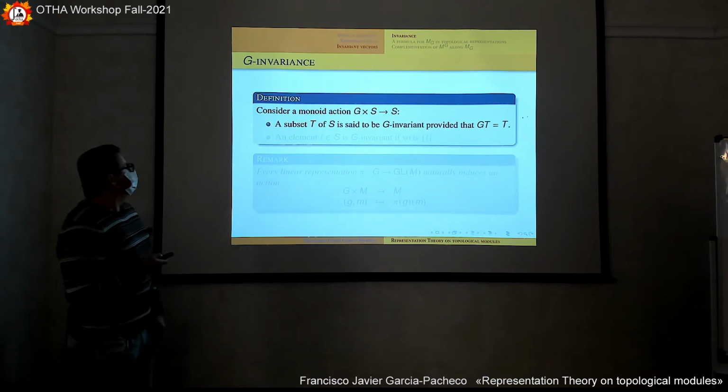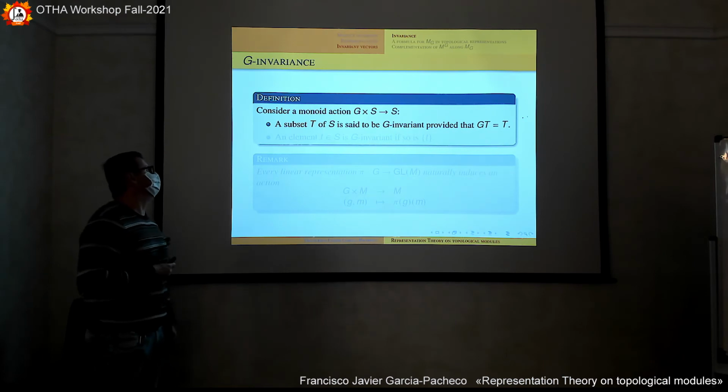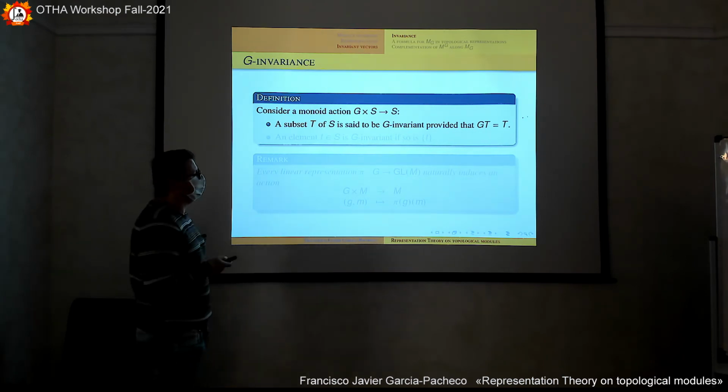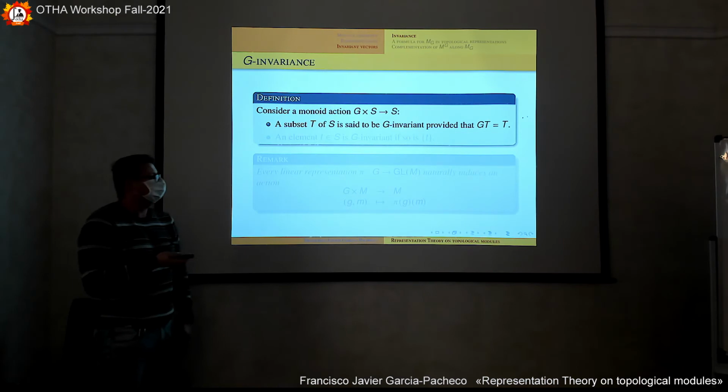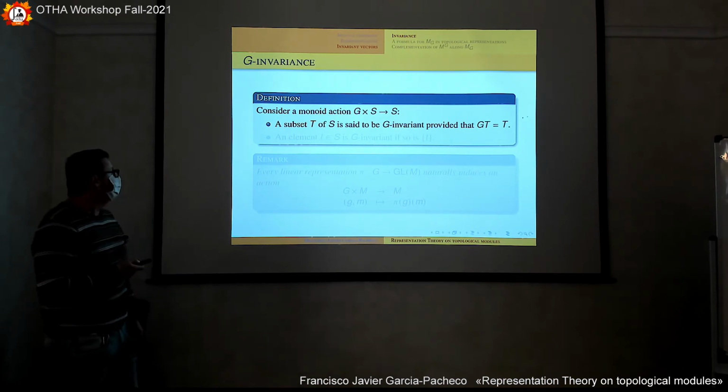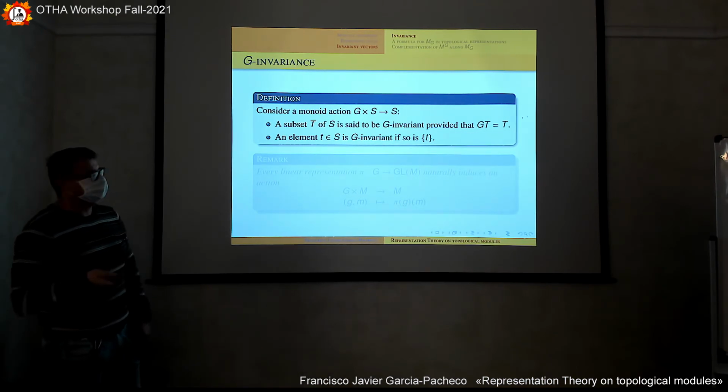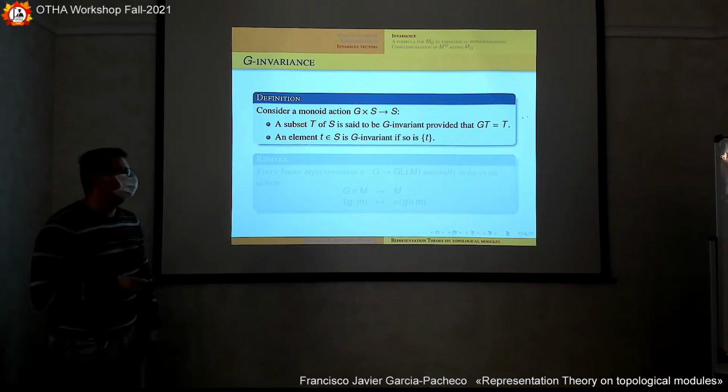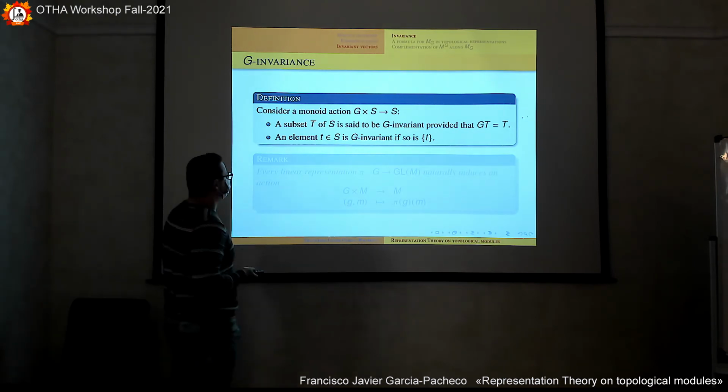So we have an action of a monoid G on a set S. A subset T of S is G invariant provided that G times T is equal to T, and an element is G invariant if so is the unitary set consisting of that element.